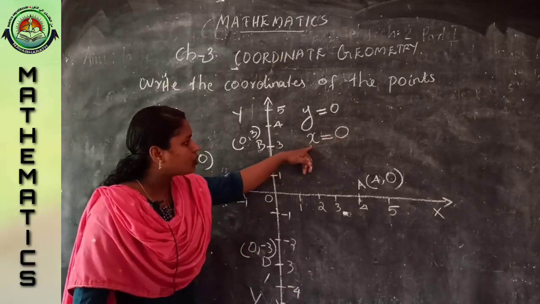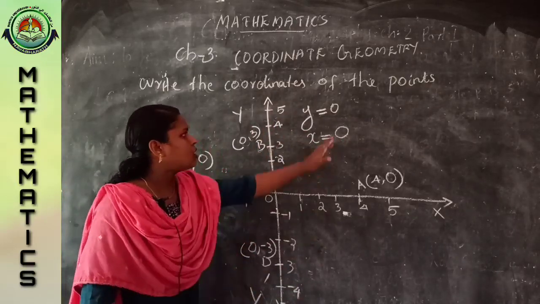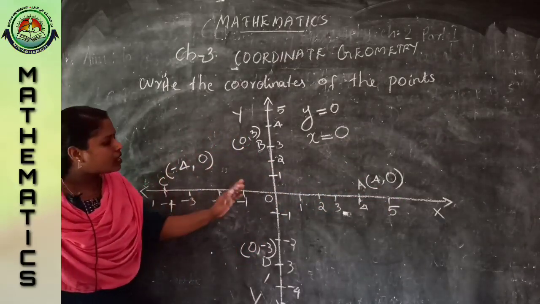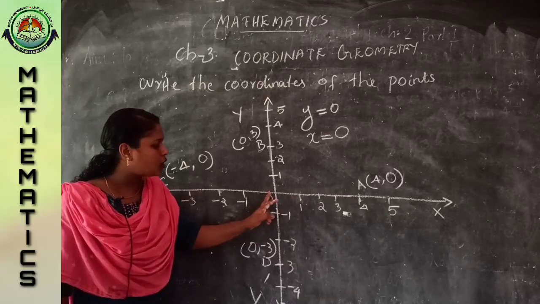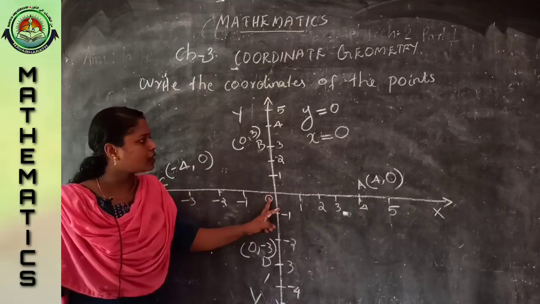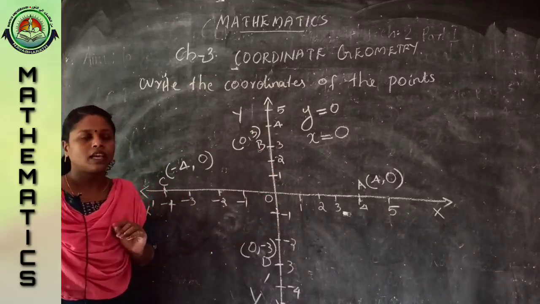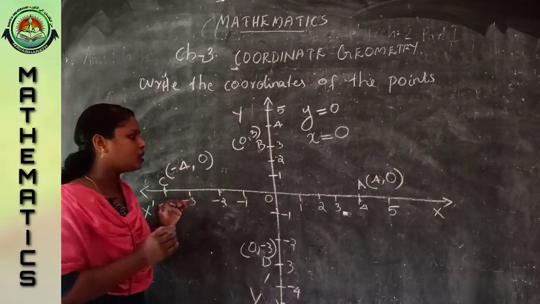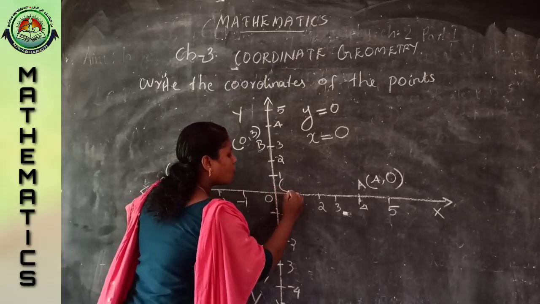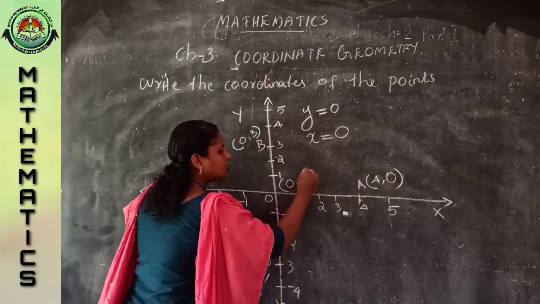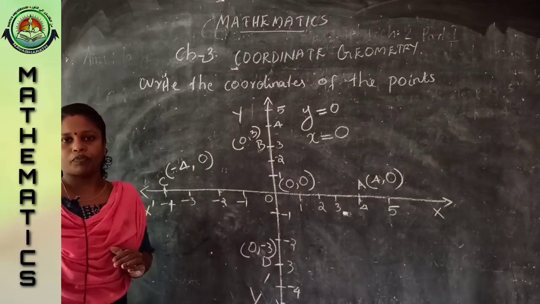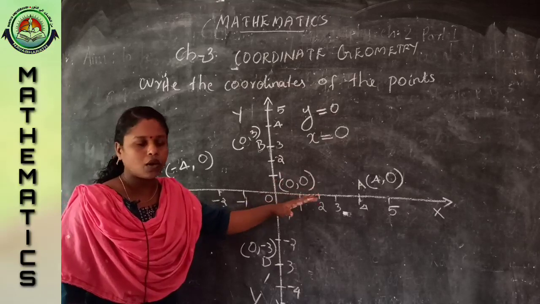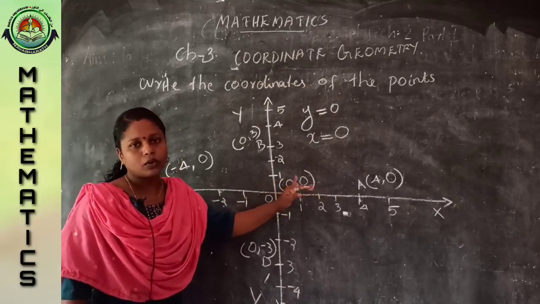What about the origin? Its y coordinate is 0 and its x coordinate is also 0. So the coordinates of the origin are 0, 0.